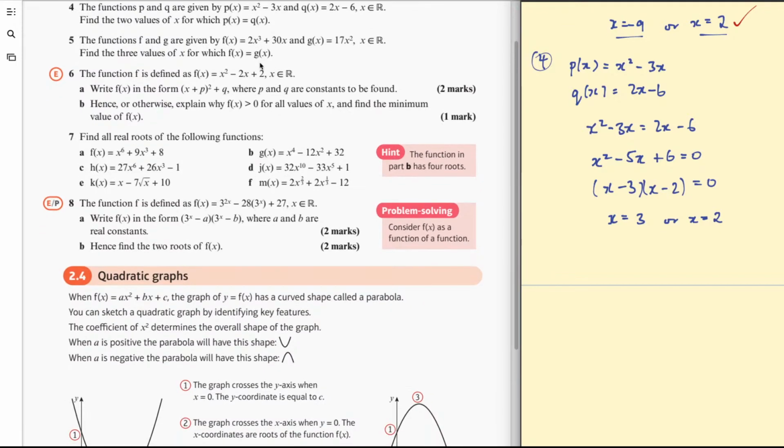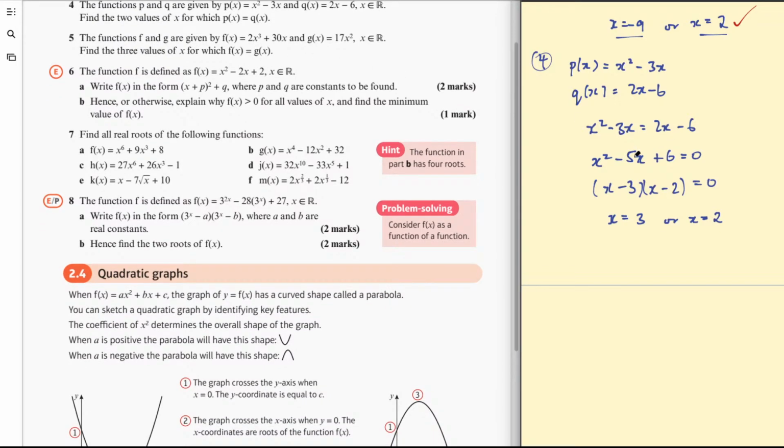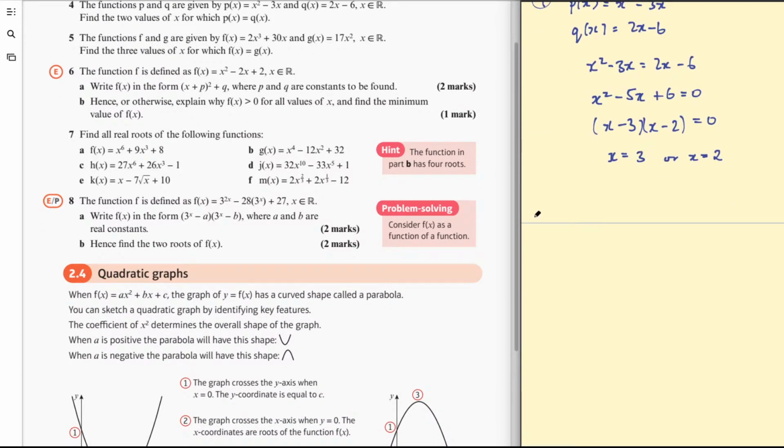Here we have a cubic. f of x equals 2x cubed plus 30x, and g of x equals 17x squared. Find the three values of x which f of x equals g of x. We worked with expressions like these in the first chapter.